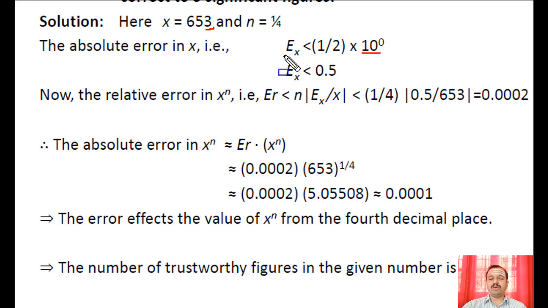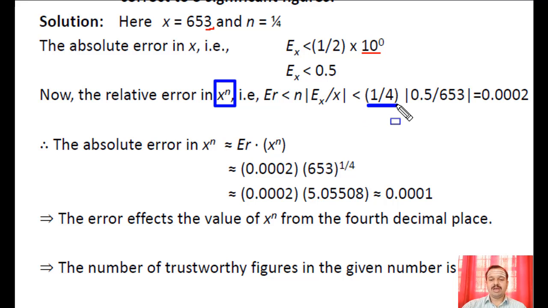Now let us substitute this value in the formula for the relative error in the number x to the power n, which is given in the beginning of this session. We substitute n, and ex, which is now computed, divided by x, the given base number 653. n is 1 by 4.